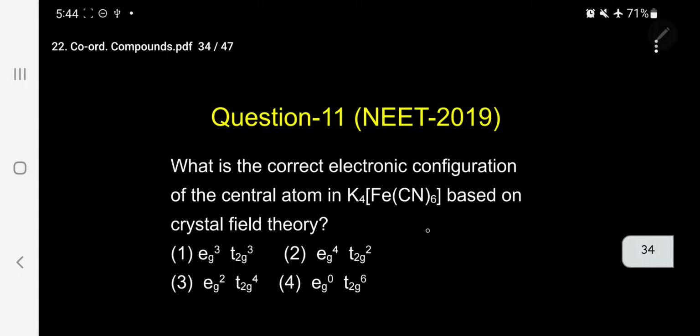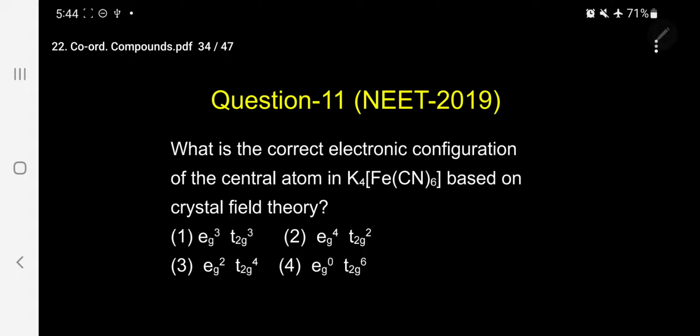Okay, question number 11. This is another interesting question. What is the correct electronic configuration of the central atom in potassium ferrocyanide, common name, K4[Fe(CN)6], based on crystal field theory?